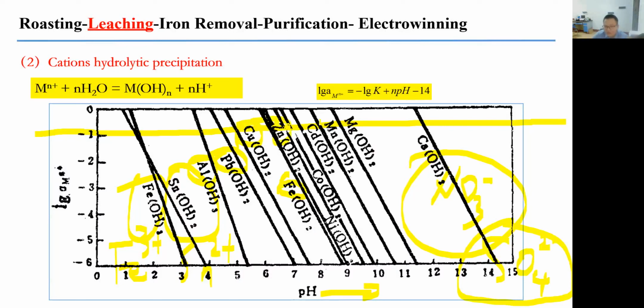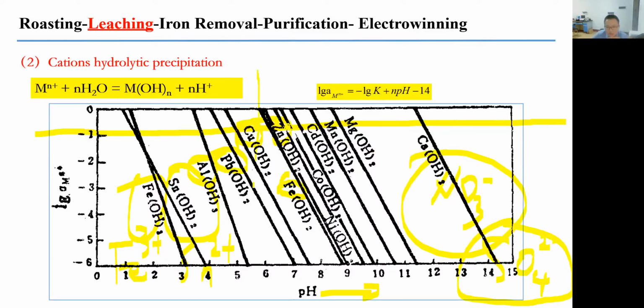So we have the idea that if we want to separate zinc from the calcine, from the product of the roasting process, we should make sure that zinc oxide is leached out. And more importantly, zinc ion in the aqueous solution should not precipitate. It should be present as soluble ions.